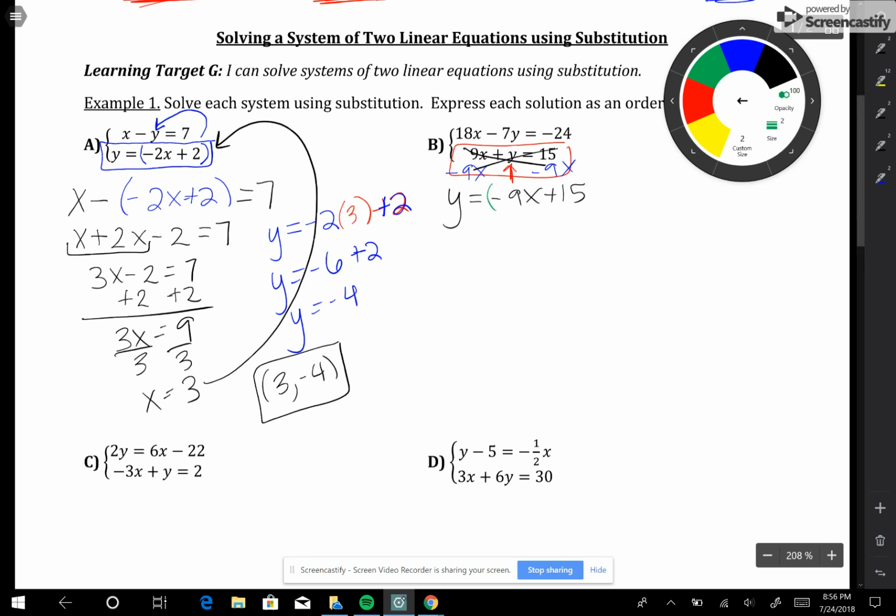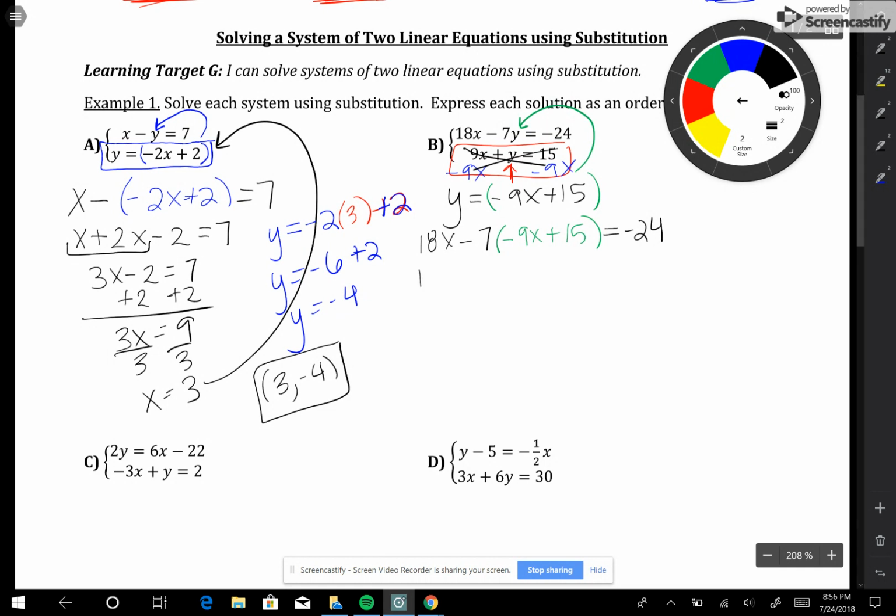I can plug this expression in for y in the first equation, which will leave me with 18x minus 7 times this expression, negative 9x plus 15, equals negative 24. And here I just continue to simplify and solve.